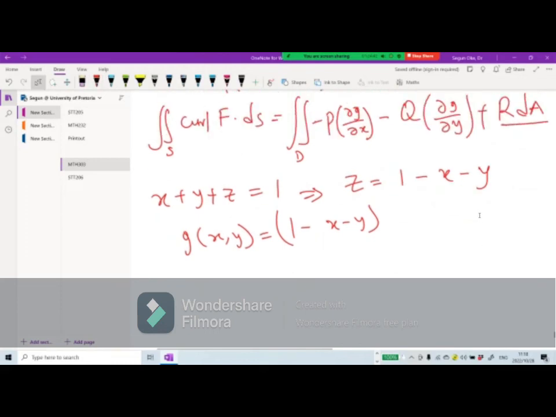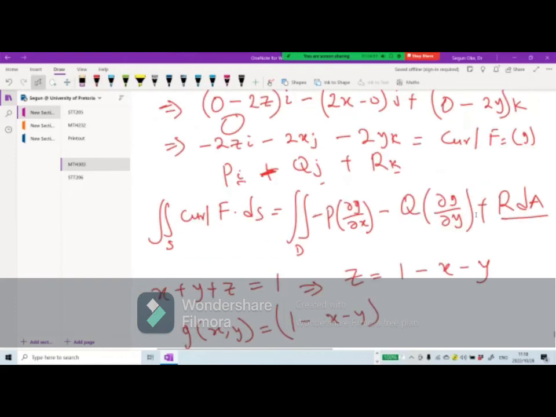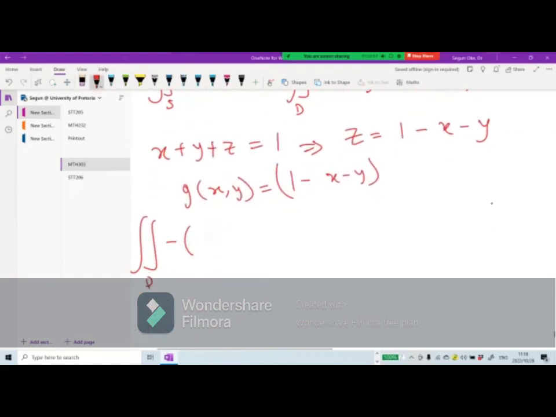The one we have in the bracket, number 1 for the projection, which is our D, is going to be negative. What is this one? So you have negative 2Z into negative 1 minus negative 2X into negative 1 minus 2Y dA.